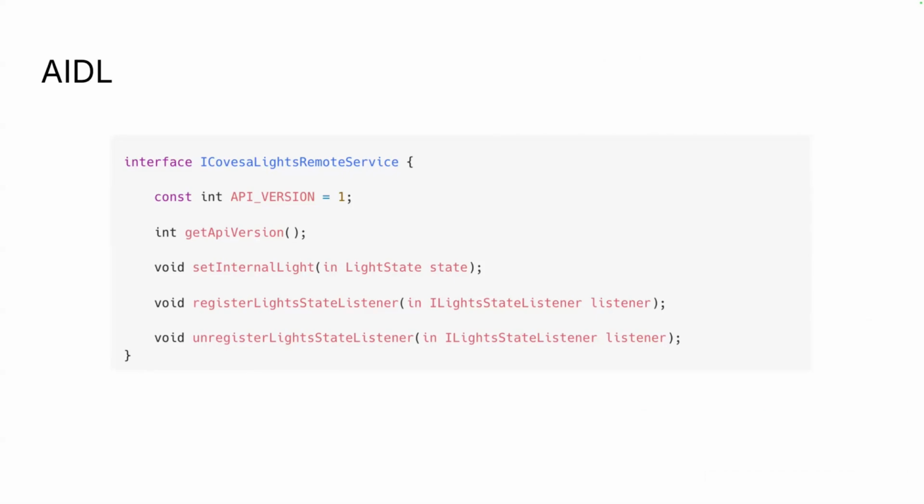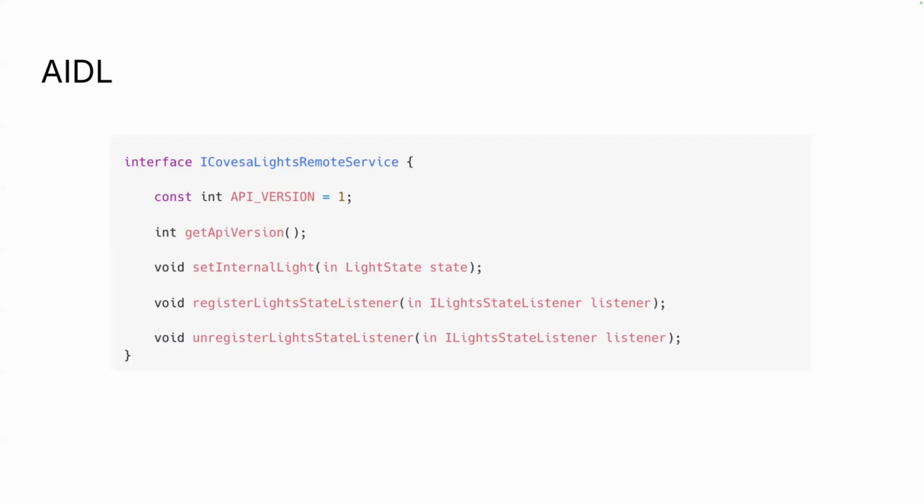One is to set the internal light with a parcelable object, which is the light state, encapsulating what I described before, so the zone, color, and brightness. Then a third-party application can register and unregister a listener to get notifications whenever the light status changes for any of the zones.